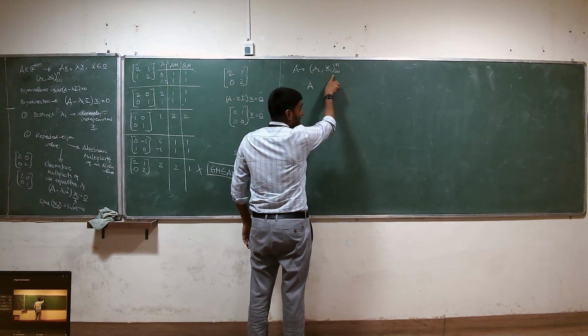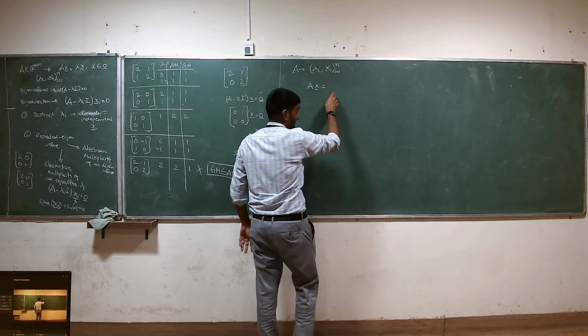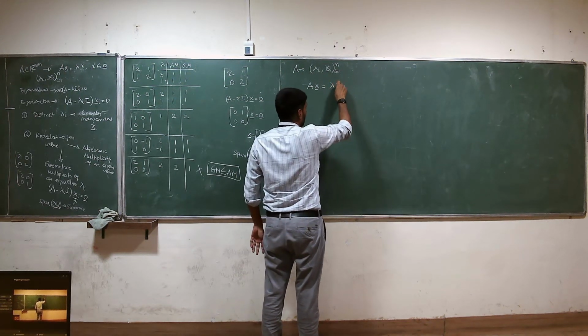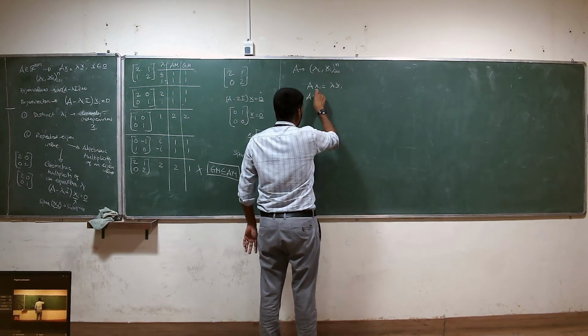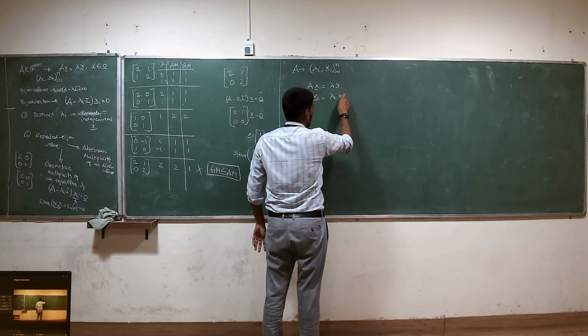If these are eigenpairs of my matrix A, then I can write this. AX1 will be lambda 1 x1. AX2 will be lambda 2 x2.